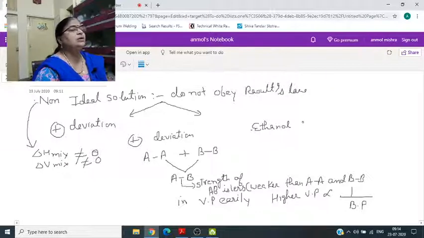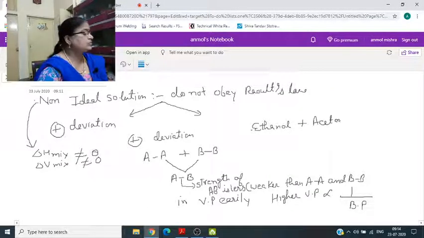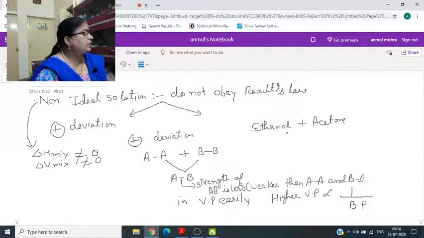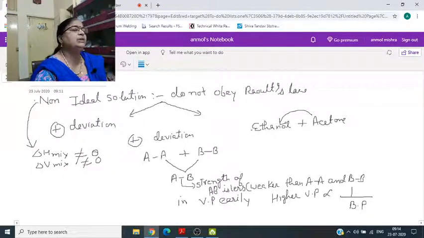Now these molecules have the tendency to form hydrogen bonding. Ethanol can form hydrogen bonding, and when these two are mixed together, the hydrogen bonding of ethanol is broken down, and the acetone gets intermingled into it.